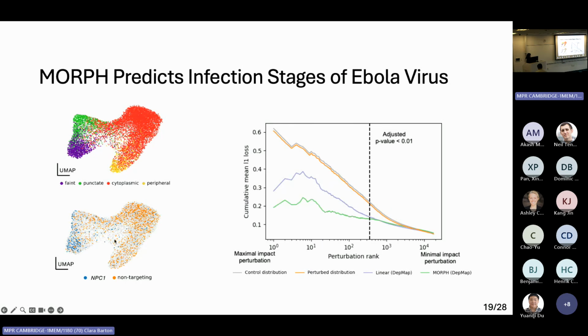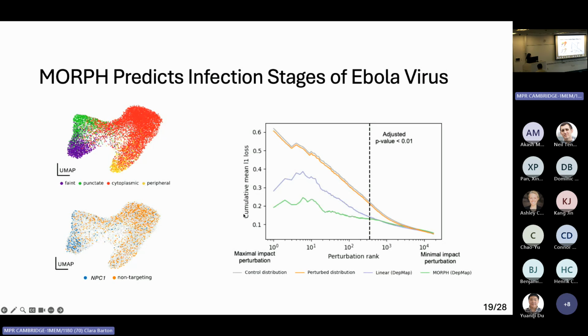So we withheld a subset of perturbations from training, and we tested whether MORPH can predict the proportions of the different stages that those unseen perturbations will lie in. That's measured by the cumulative mean L1 loss here.